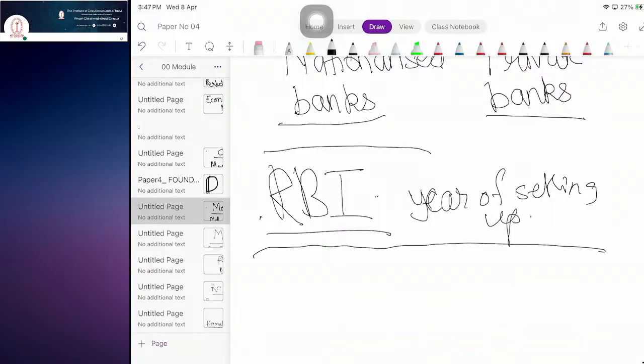Okay, as regards international payments, just write one very important short form. It is called SWIFT. All commercial banks have access to this network called SWIFT. Okay, what is SWIFT?